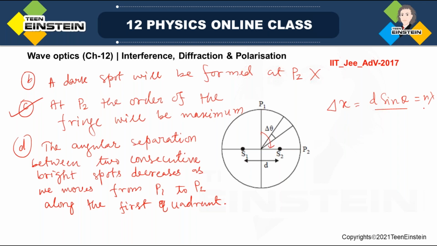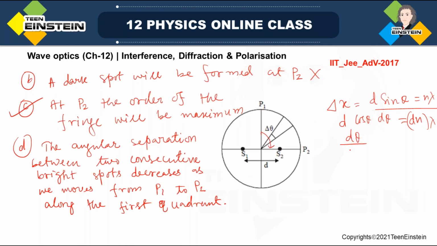Now if we differentiate this, d is constant, so we get d cos theta d theta equals dn times lambda.